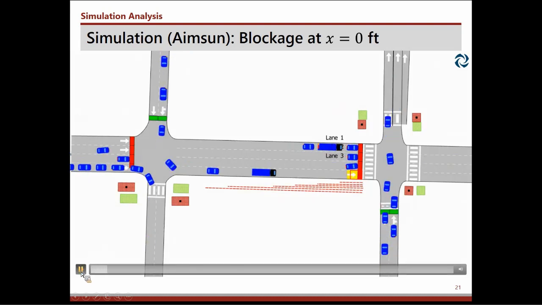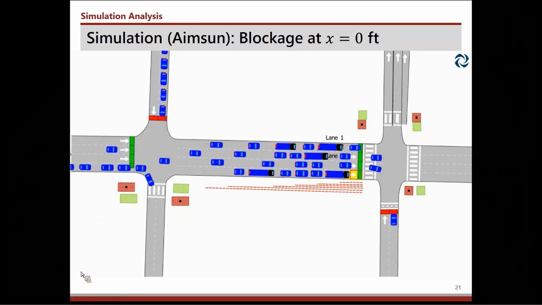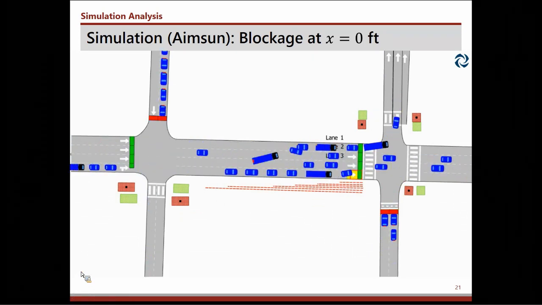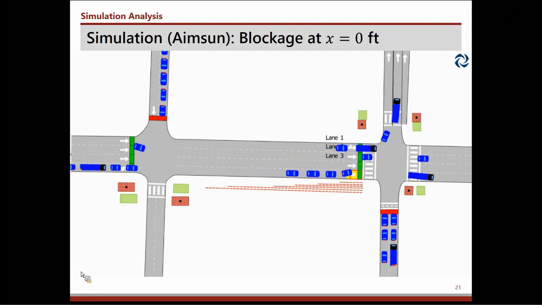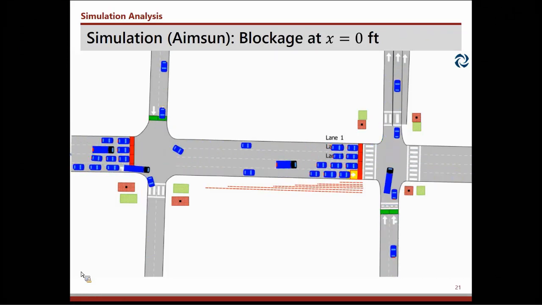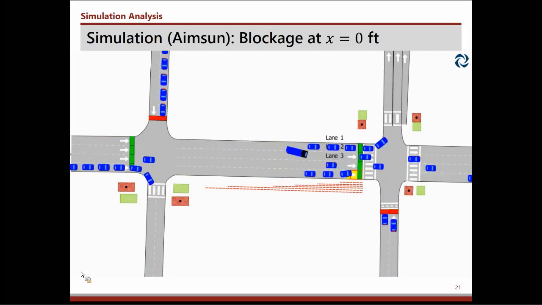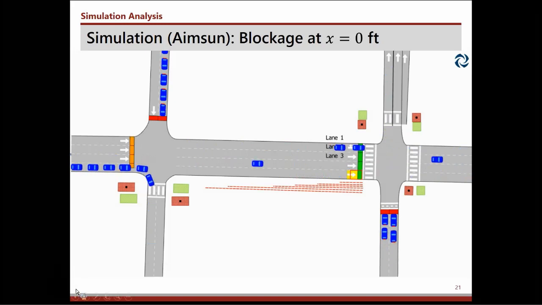And so when we run the model, all the vehicles that end up in that lane are required to change lanes out of it. So you can see that now we only have 3 lanes of discharge capacity to get through the intersection, and anybody who was in that right lane had to change lanes to get out of it, and it impacted the entire queue, right? So anybody who queued behind it would have to change lanes into the other lane to get around the blockage.